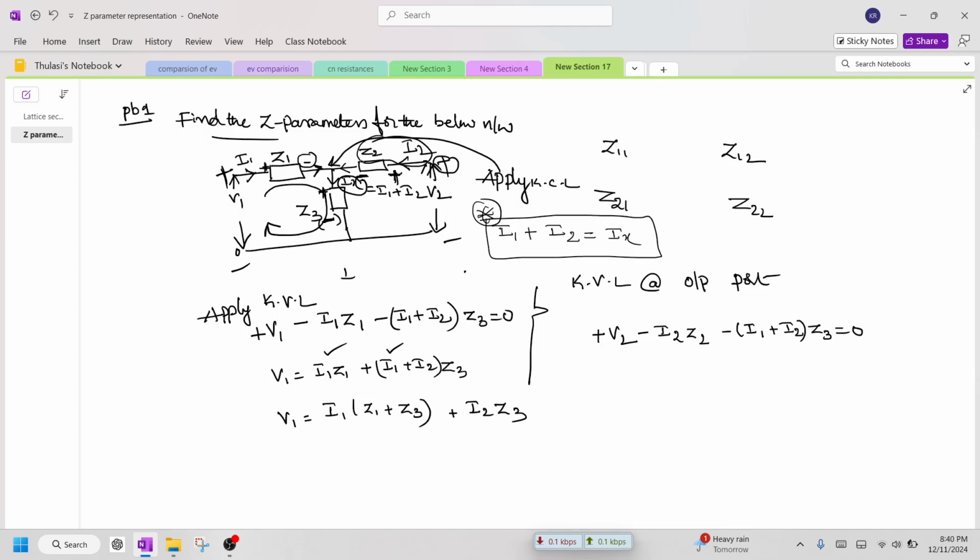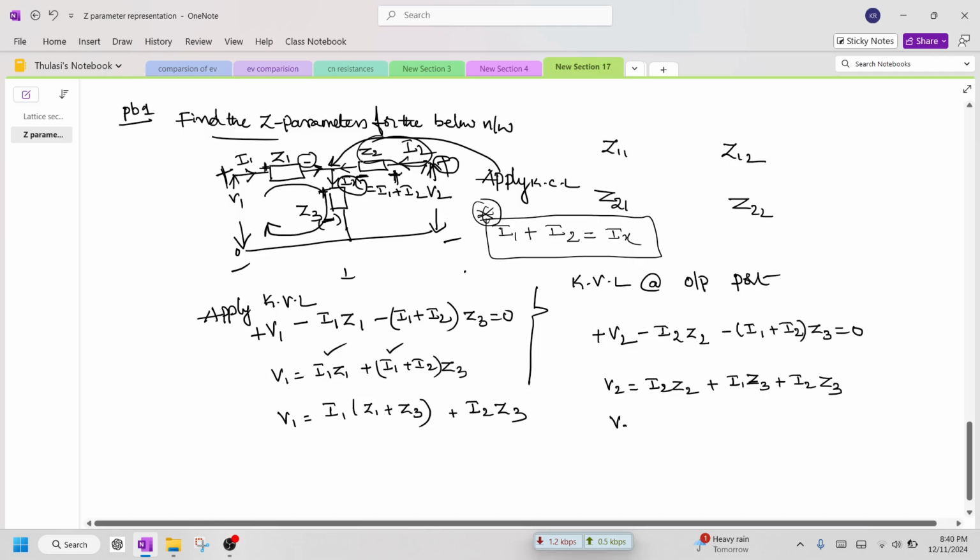This is one equation. Shifting the negative terms to the right hand side, V2 is equal to I2 Z2 plus I1 Z3 plus I2 Z3.